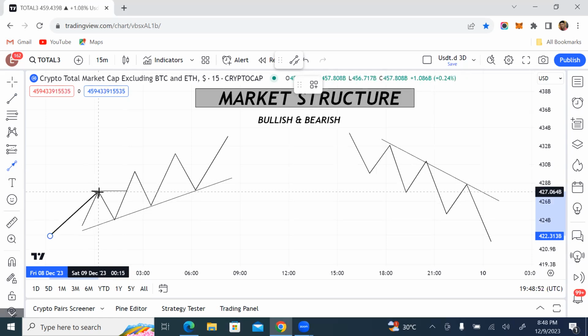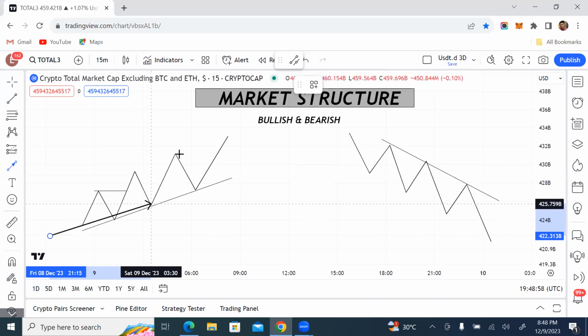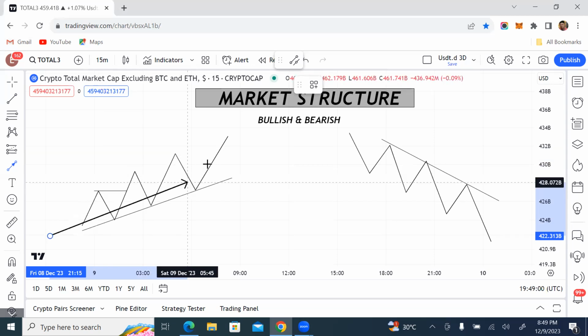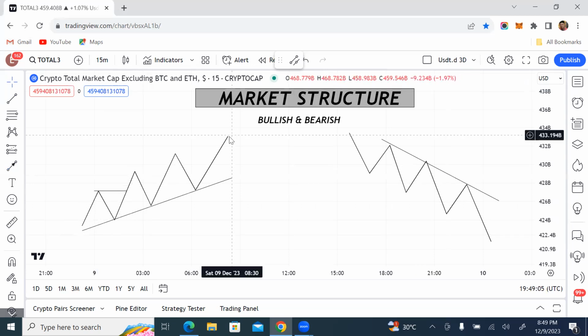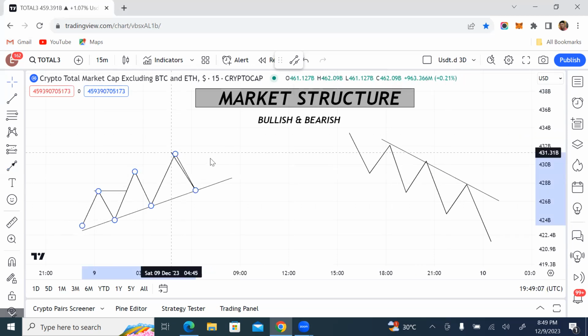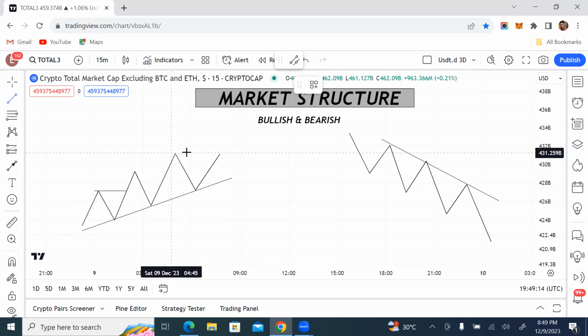So continuously like that, you get higher highs, higher lows, higher highs, higher lows, like that. Now, in some cases, when price doesn't break this previous high, let's say it goes to the same level, we now call these equal highs, meaning it is not broken.